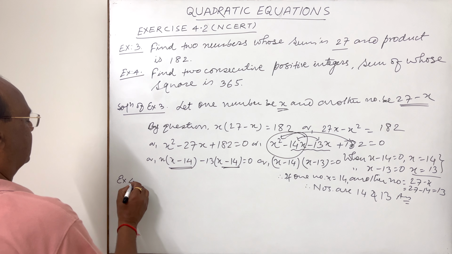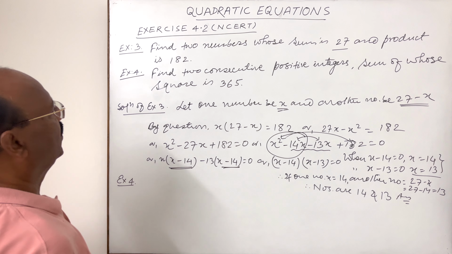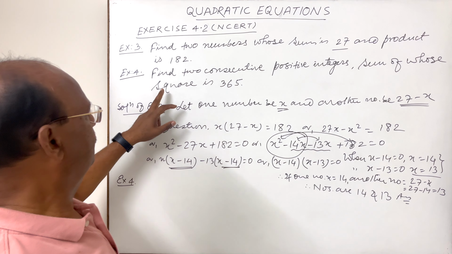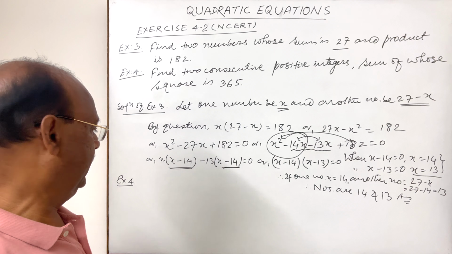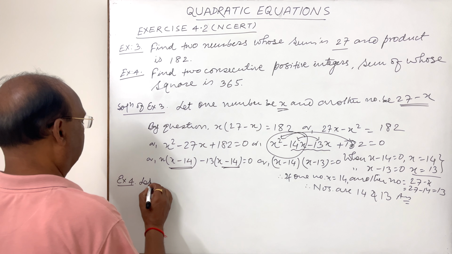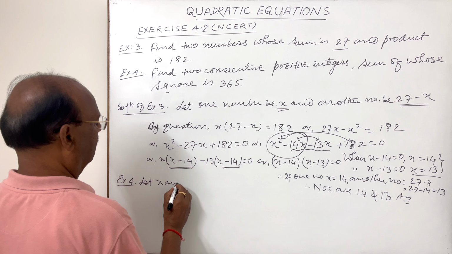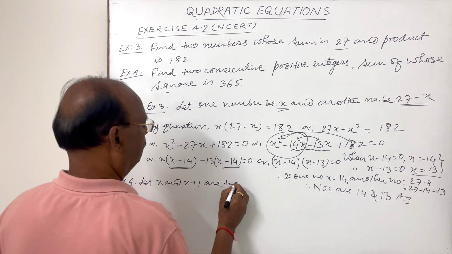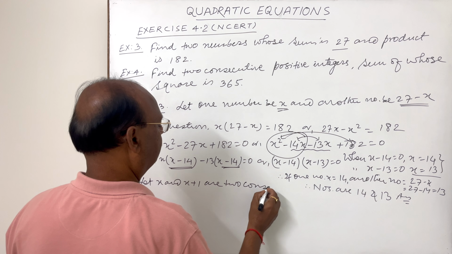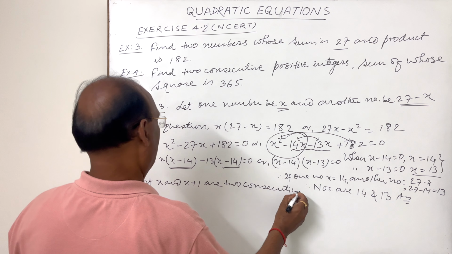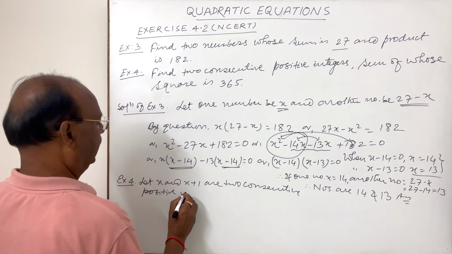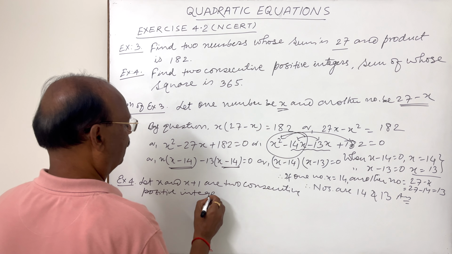This is question number 4. Find two consecutive positive integers, the sum of whose squares is 365. So here we will suppose that x and x plus 1 are two consecutive positive integers.